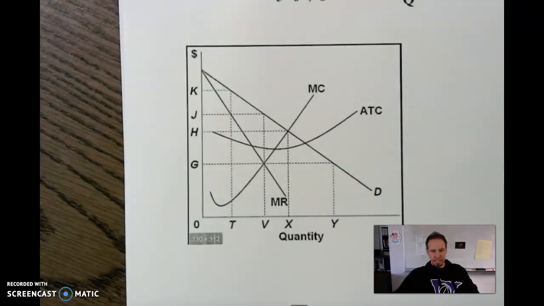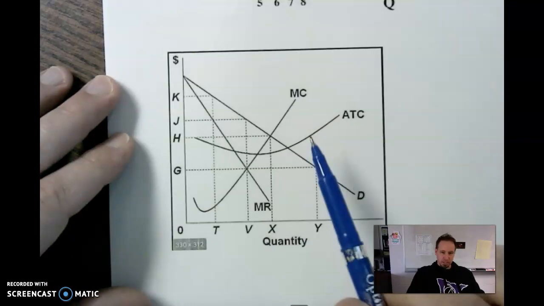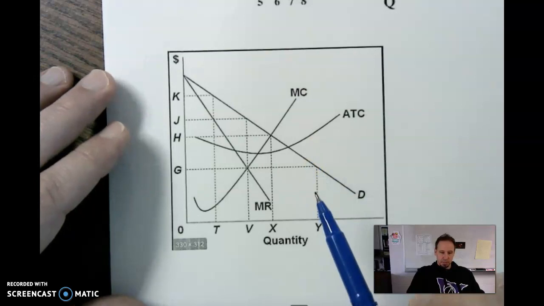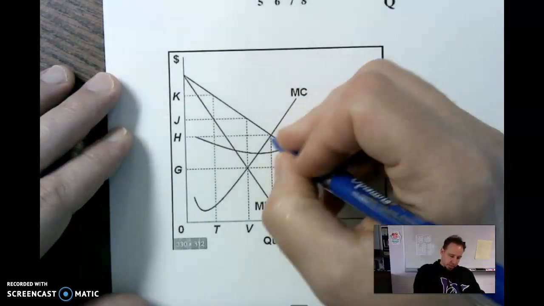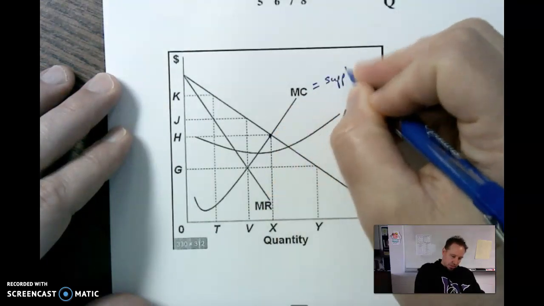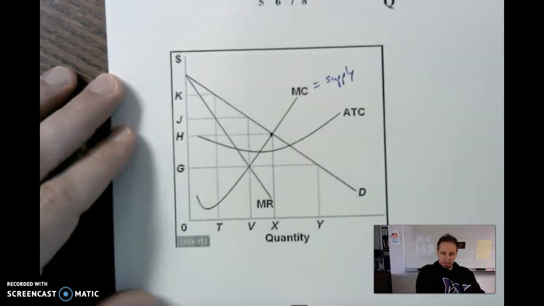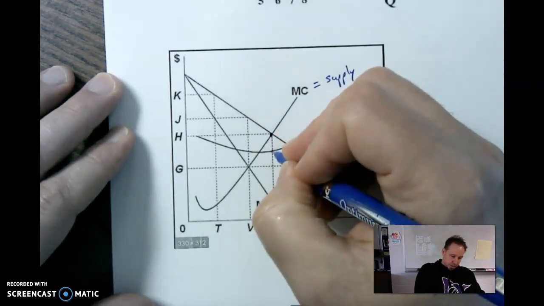I've got an example here in front of me. Whether this is for monopoly, oligopoly, or monopolistic competition, you can always find equilibrium. Remember, the marginal cost is the supply curve. Then look at the difference between your average total cost at that output.